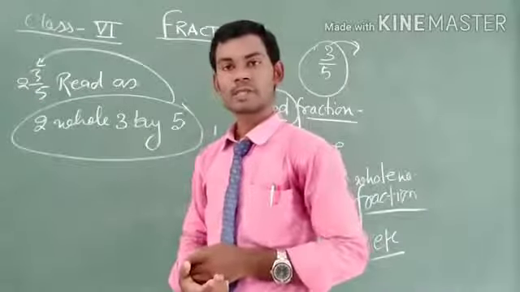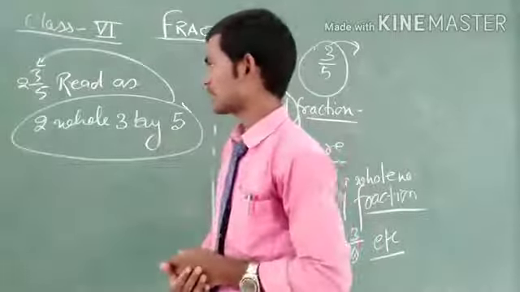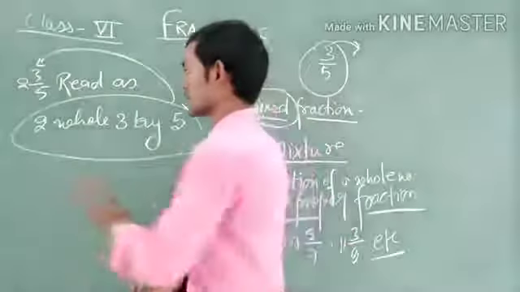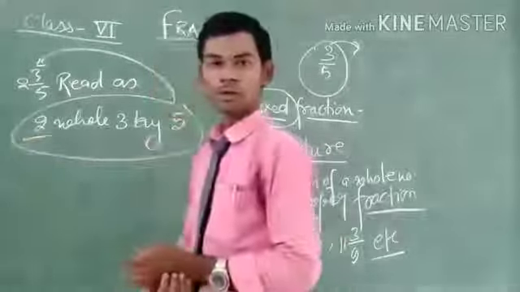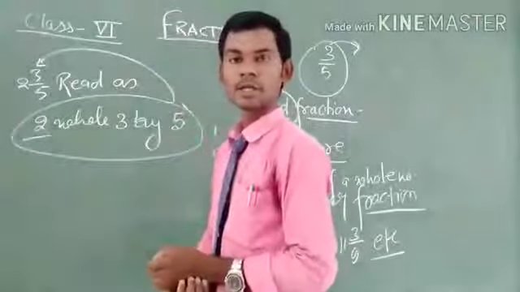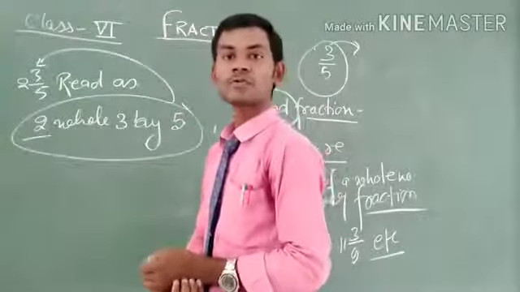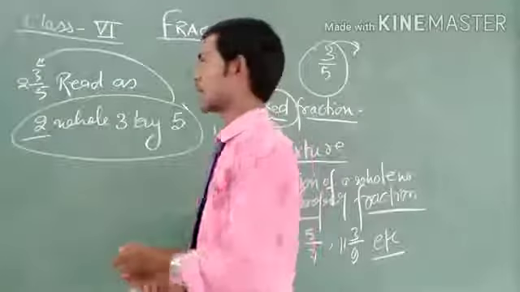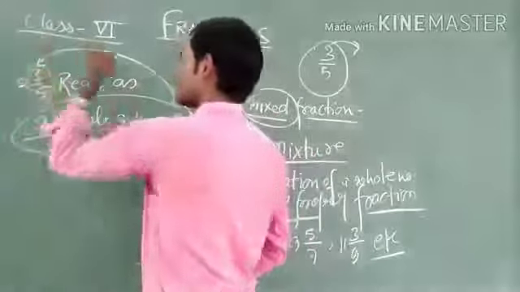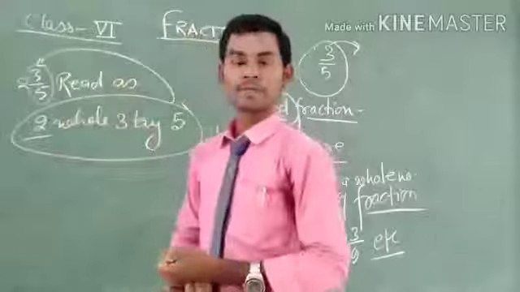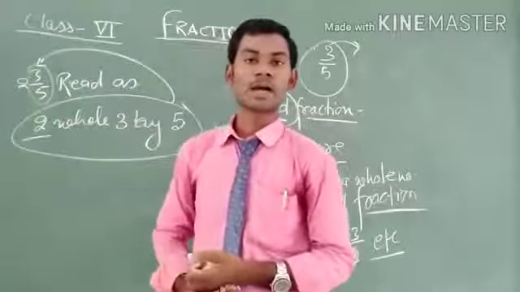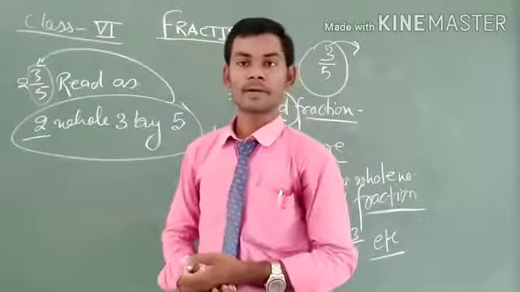So here the fraction says that the first thing is 2 whole. The meaning of 2 whole is that we have already taken 2 whole objects. And the proper fraction represents 3 upon 5, which means 3 parts taken out of 5 parts.